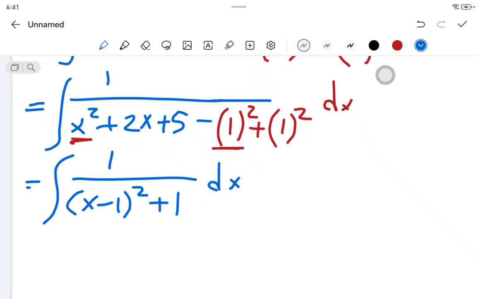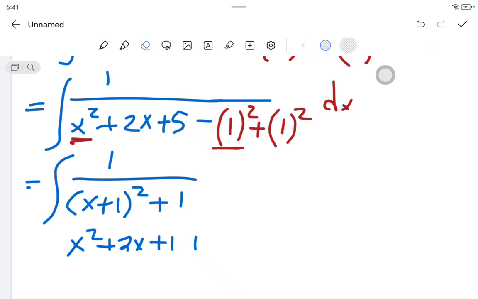Let's see, is it plus? Let me see if I forgot something, x squared minus 2x. Oh, this is plus. I'm going to take the positive one. And let's see, x squared plus 2x plus 1. Then if I take the positive one, this one will be negative, right? Then I have that plus 5 here. I forgot the plus 5.